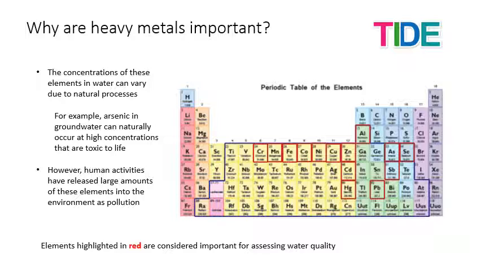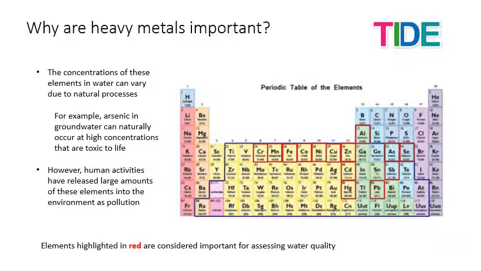So it's important to note that while human activities, including mining, have released large amounts of these metals to the environment, high concentrations of these elements in water sources and food and other natural components of the environment can occur purely due to natural processes.